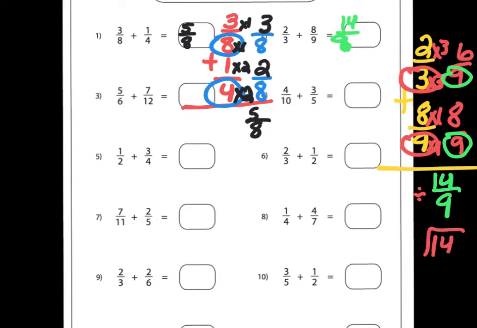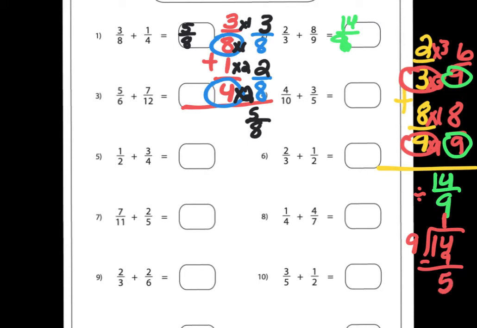14 divided by 9. That's an improper fraction. So to simplify an improper fraction, I must divide my numerator by my denominator. How many times will 9 go into 14? 1 times 9 is 9, I subtract. 14 minus 9 is 5.